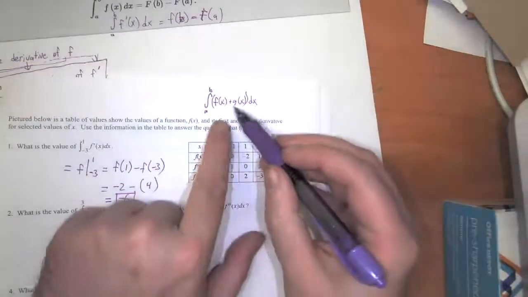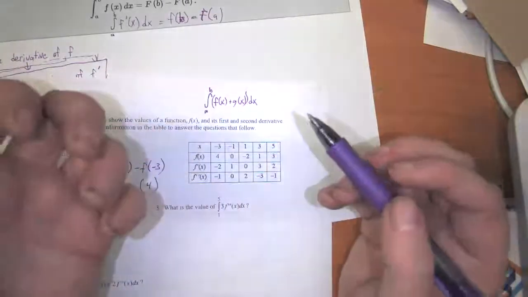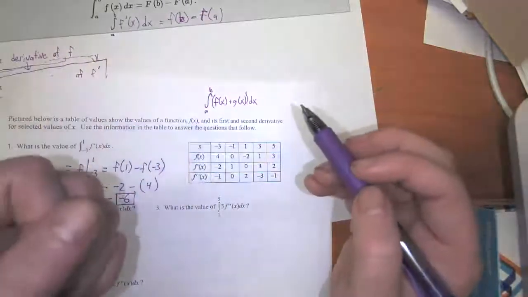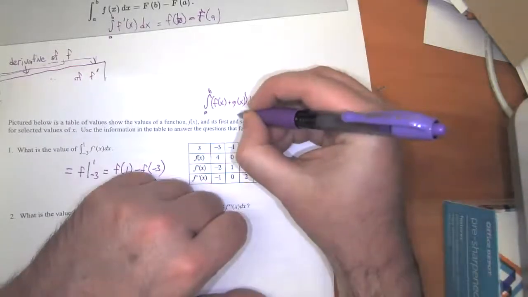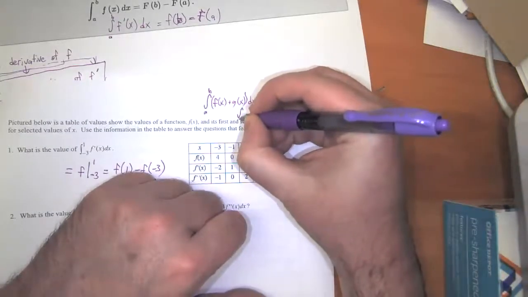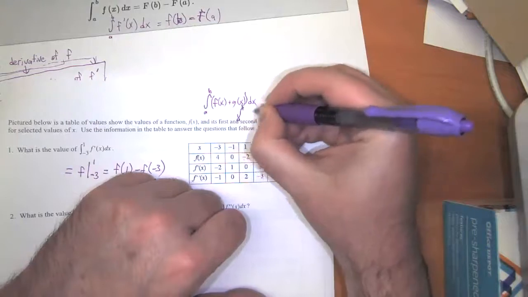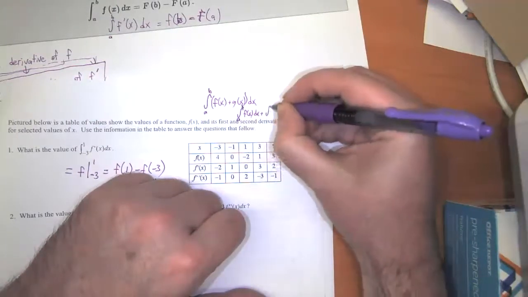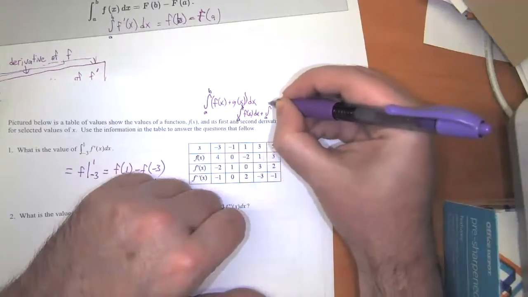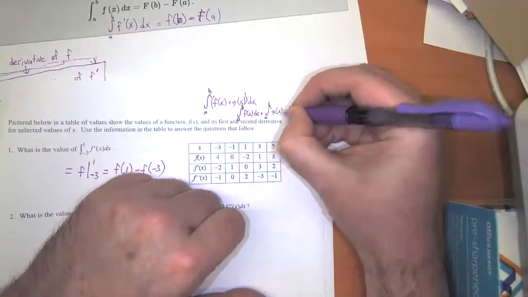Well, the nice thing about integrals is that they behave in kind of the same way that we found derivatives worked. All we need to do is take the integral from a to b of f of x dx and add the integral from a to b of g of x dx.